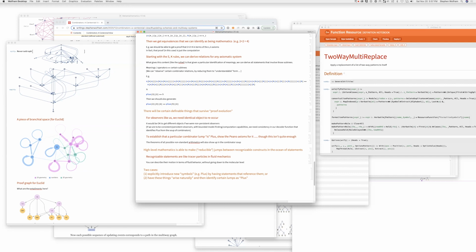So in one case, we're going much higher level by introducing those symbols. But we imagine, and this is kind of the conceit of the Ruliad, that everything could be gotten by natural occurrence, without having to introduce the named thing plus with its axiom. We just bubble it up and eventually we say, look, there's a plus floating by.